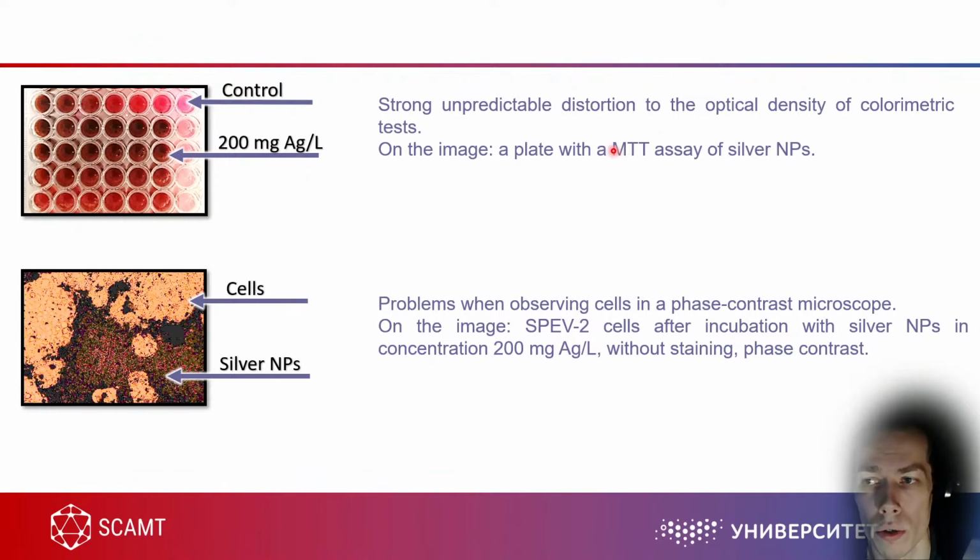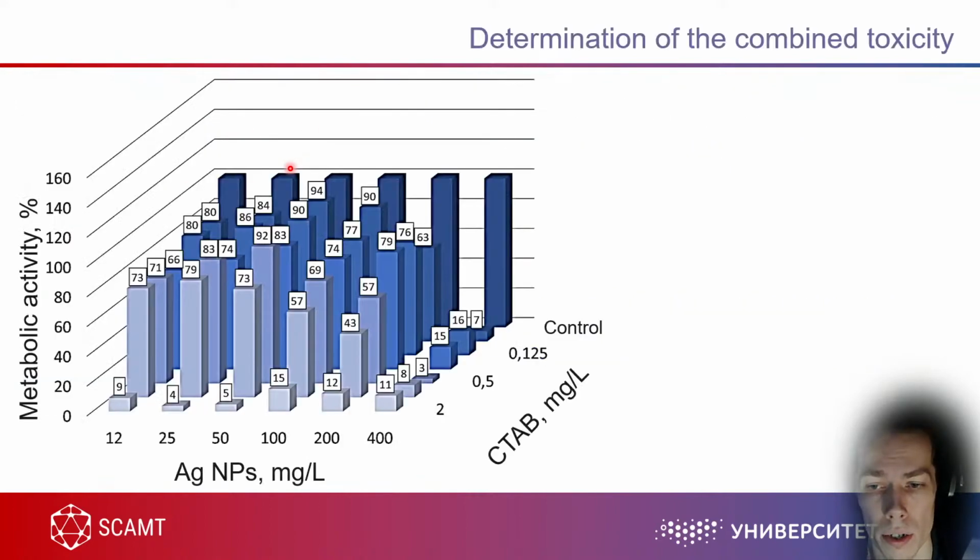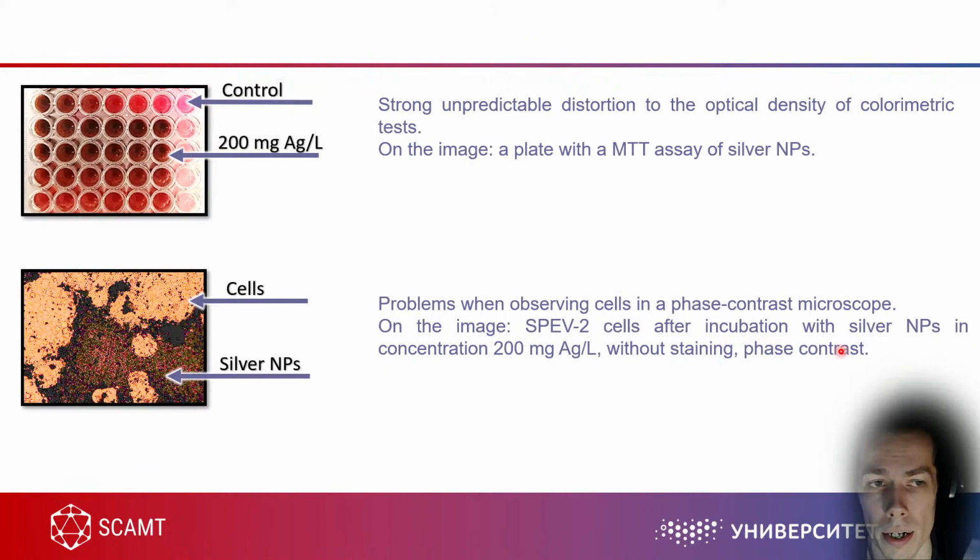So you need to carefully modify your protocols for the MTT assay to assess viability of the cells when we are talking about such high concentration. And as you can see here, it's even higher, twice the concentration. So you need to adjust your protocols to meet the criteria of that high concentration.